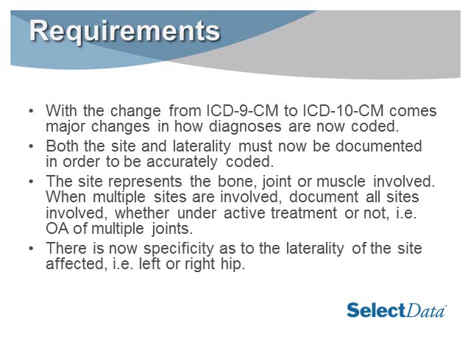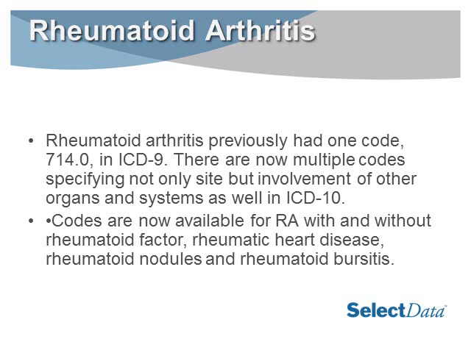And when there are multiple sites involved, you would document all sites involved, whether under active treatment or not, i.e., OA of multiple joints. If you have a patient where you're addressing problems with their knee because they have OA of the left knee, but they also have OA in their hips and shoulders, you would document OA of multiple joints, although you are only providing care to one of those sites. And again, there's now specificity as far as laterality.